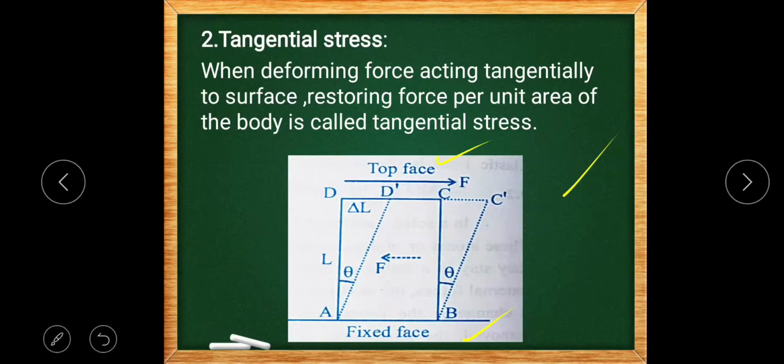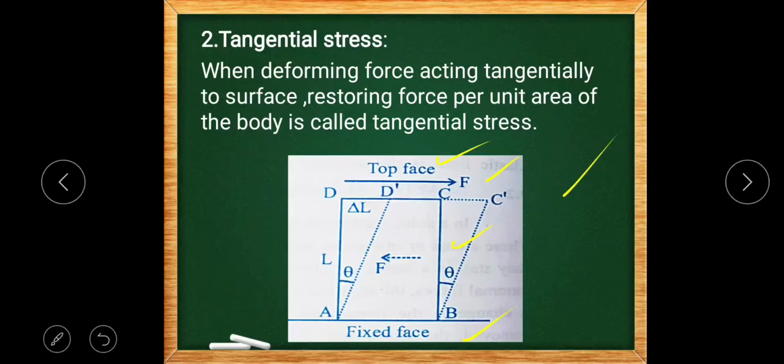Here the original position is ABCD. On the application of external force, this rectangle is sheared and the position is displaced. The displaced position is represented by AB, C dash, D dash. The body is sheared or shifted by an angle theta.